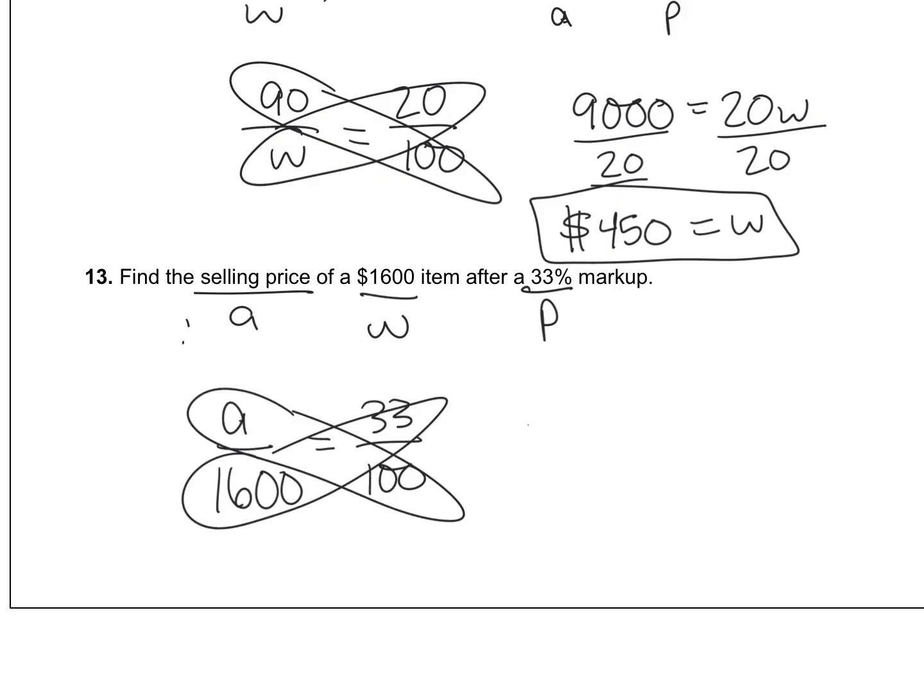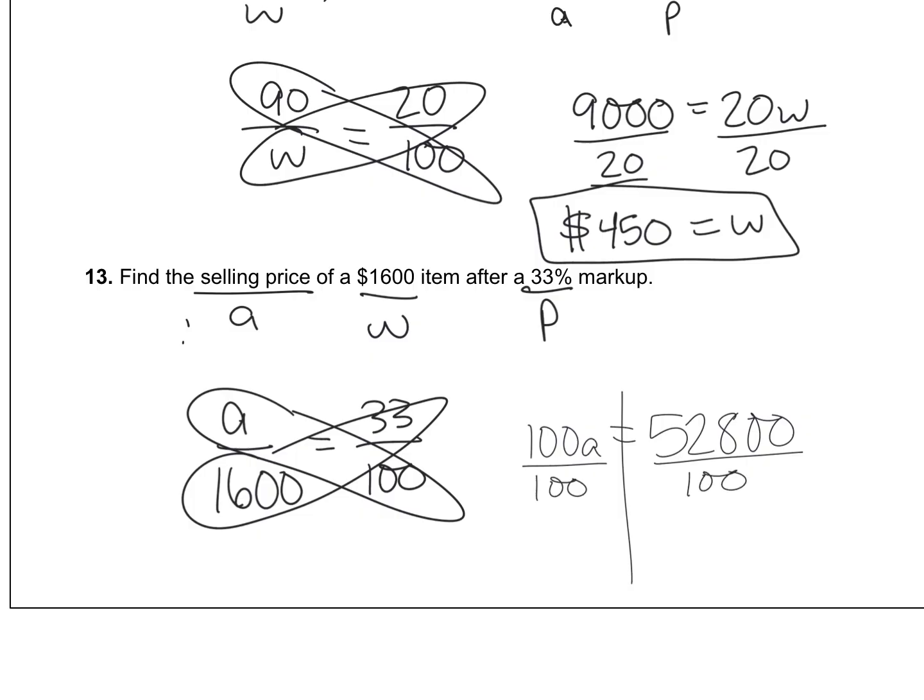We'll cross multiply. I get 100A is equal to 1,600 times 33, which is 52,800. Dividing by 100 gives us an A value of $528.